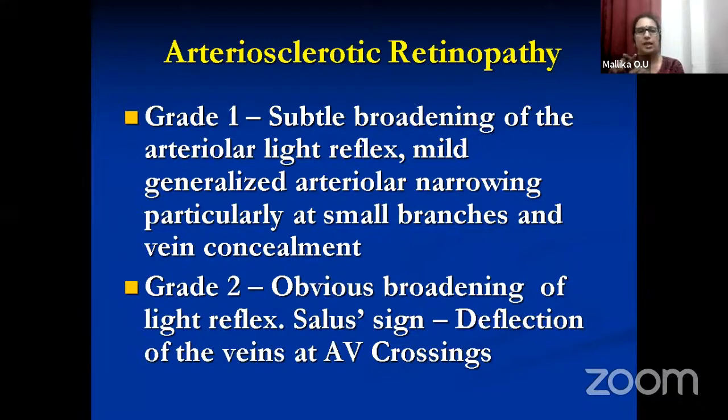So the first one is a concealment of the vein, or venous concealment. Second, when it is concealed, the vein will try to deviate. That is called a deflection of the vein, which is called Salus sign.